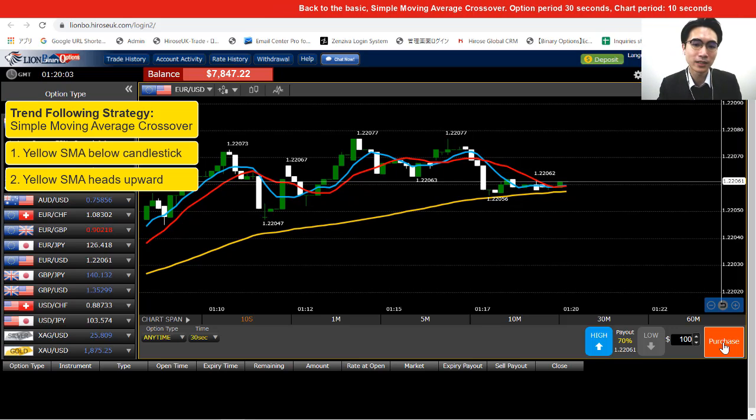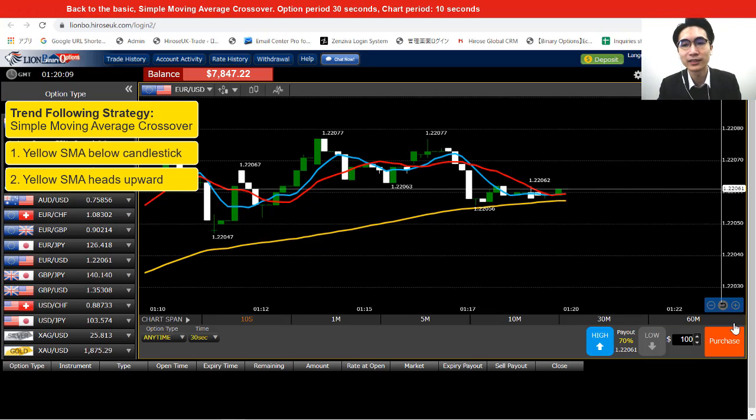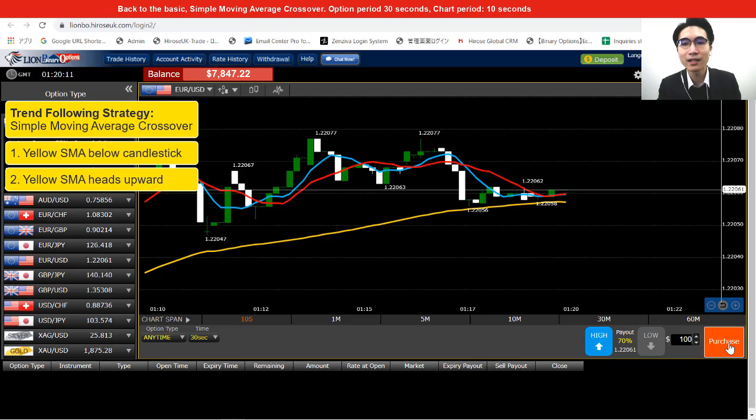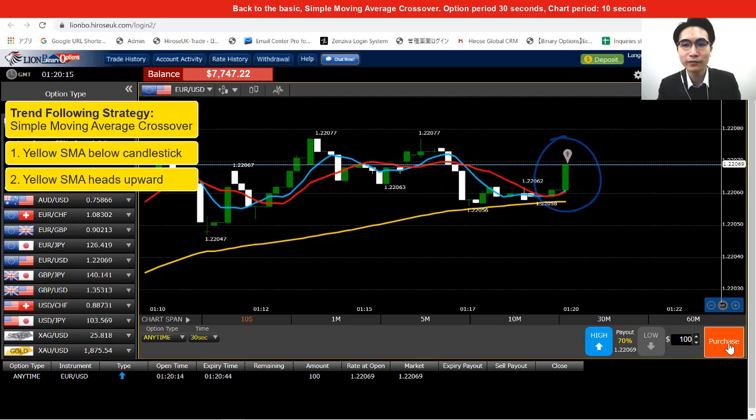After we confirm the market direction, we will then look at the blue and red simple moving averages. Now you see they are overlapping, and once they cross over, which is now, that's why I opened a high option here.